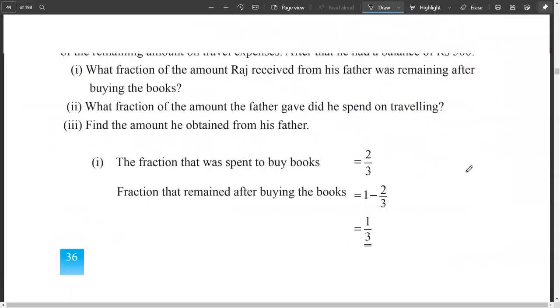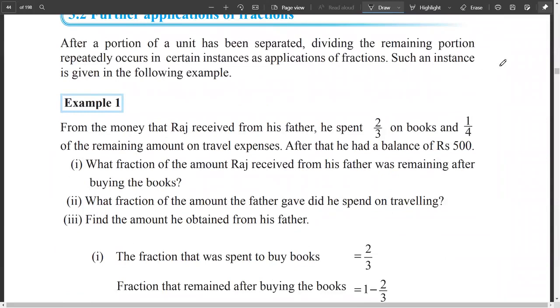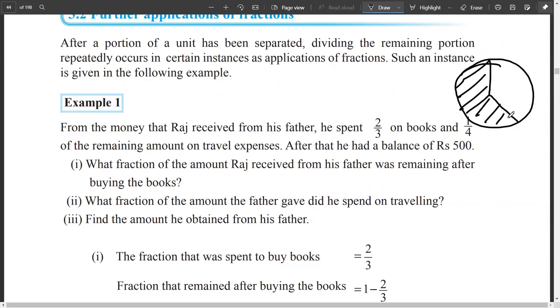So let's take the amount of money that he got like this, and divide this into three similar parts. From that, 2/3 was spent for books, right?